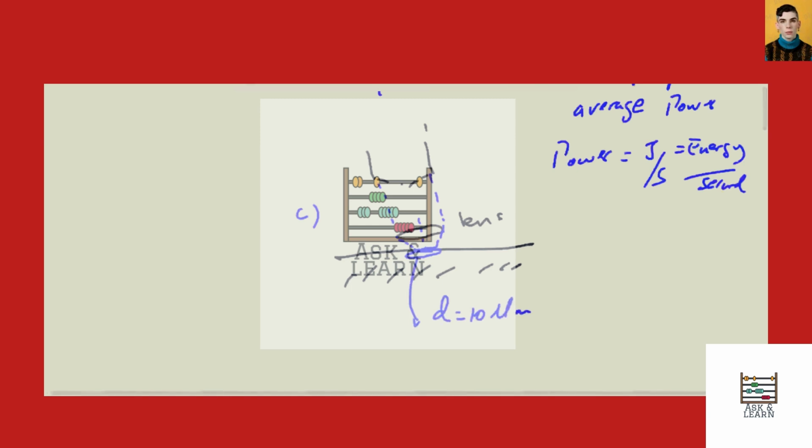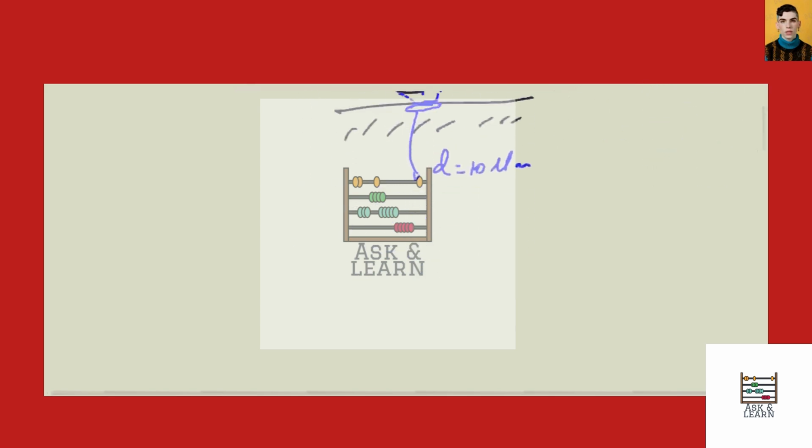And then finally, we also want to figure out a couple of things. We know that the intensity of sunlight, around 12 noon, is give or take 1,100 watts per meter squared.